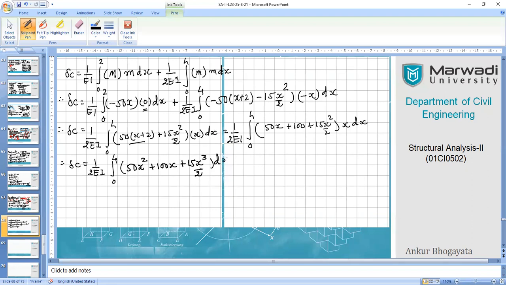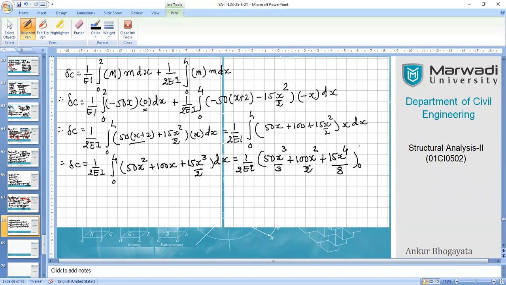And now we are ready to integrate, right? So 1 upon 2 EI. Now let's integrate it. 50x cube upon 3, right, plus 100x squared by 2 plus 15x raised to 4 by 8.